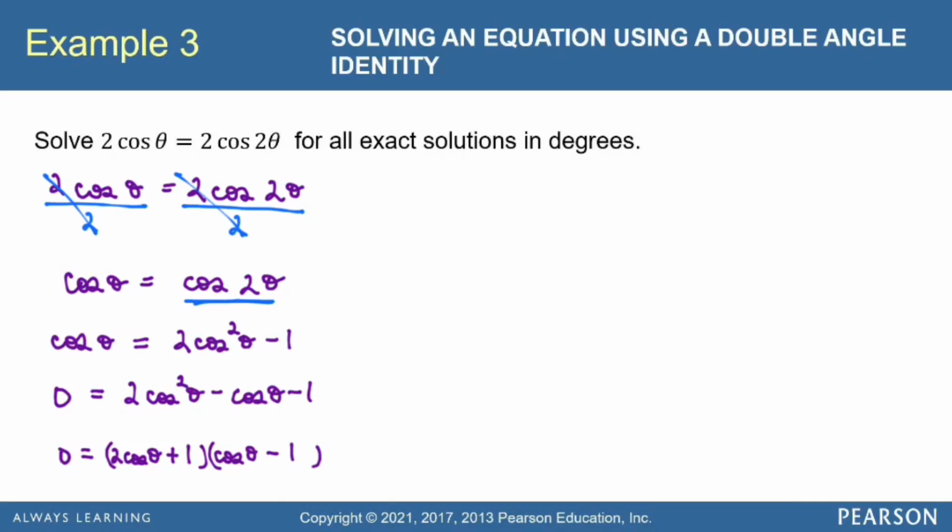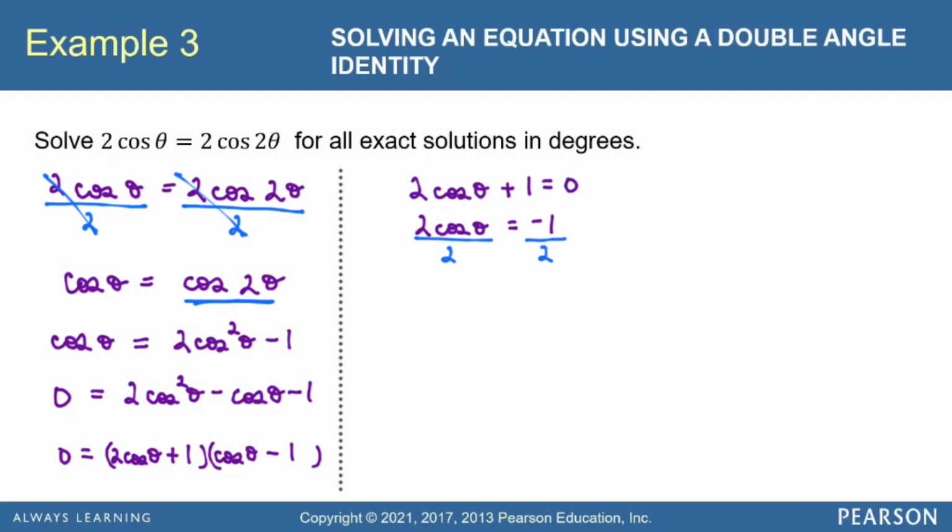Now we can say, since this factor times this factor equals 0, one of the factors must be 0. So we want to find out where 2 cosine theta plus 1 equals 0, and then in a minute we'll find out where cosine theta minus 1 equals 0. Let's solve this factor first. So if 2 cosine theta plus 1 equals 0, when we isolate the cosine theta, we find cosine theta equals negative 1/2.